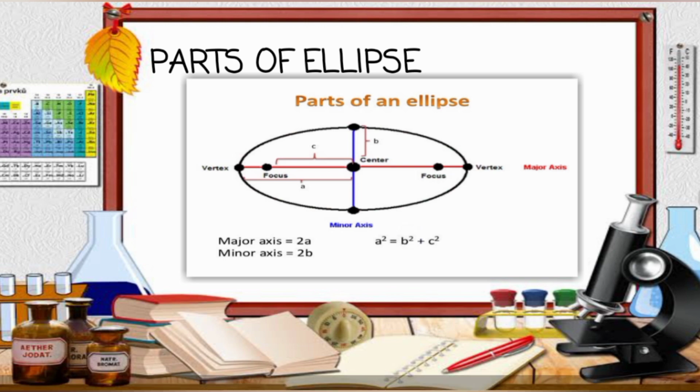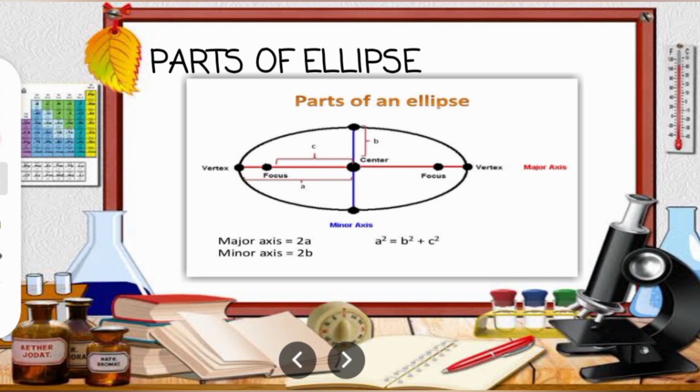In the parts of an ellipse, we need to determine our vertices, our foci, and our minor axis and major axis. Our major axis is equal to 2a, and this is our major axis.